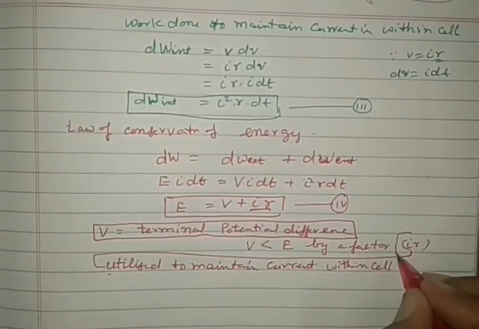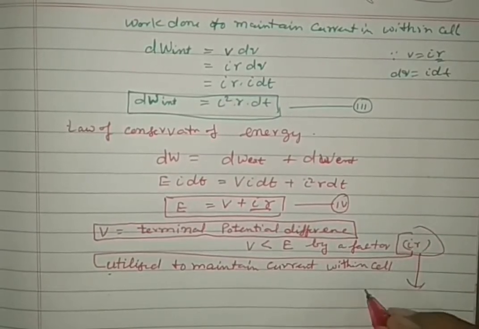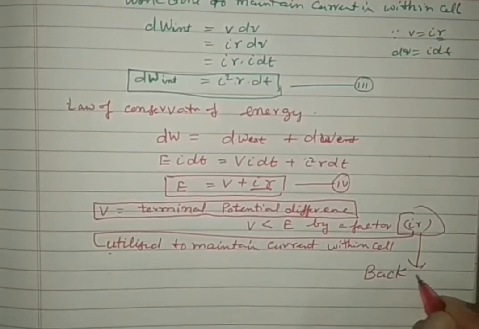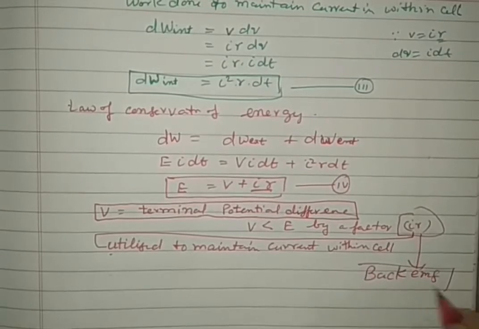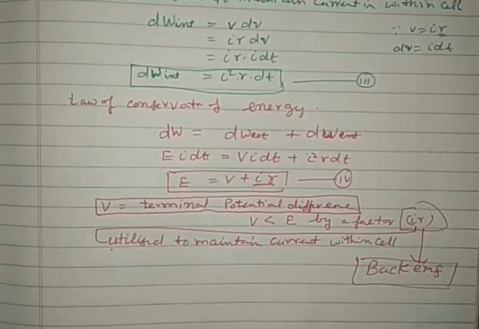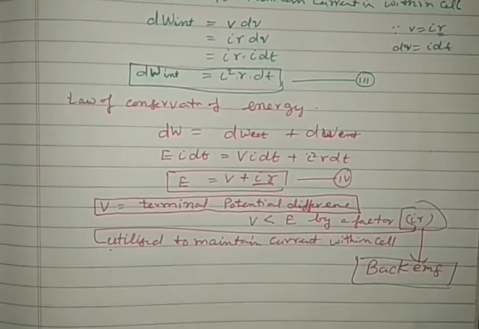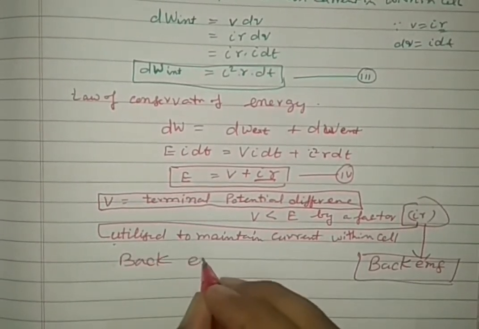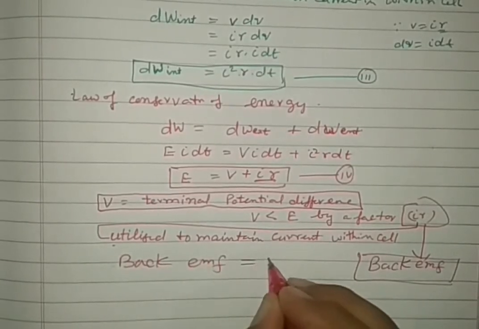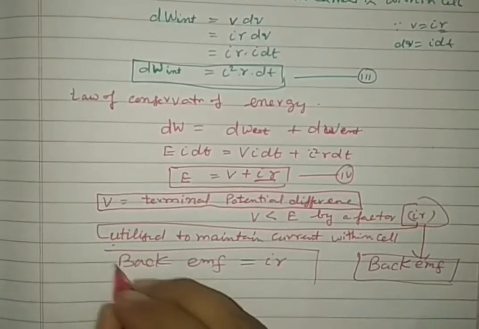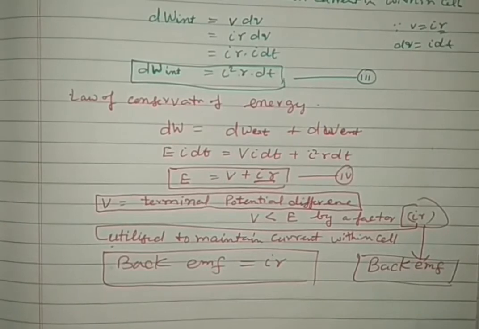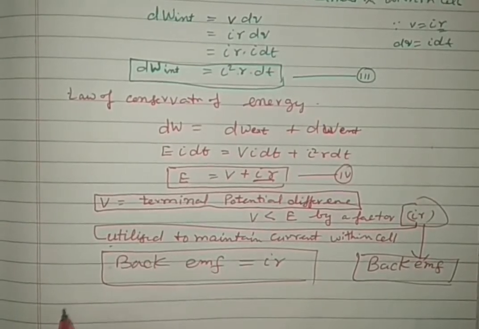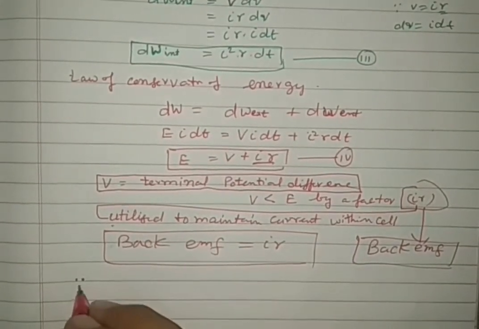That is why this factor is called back EMF. See very carefully, in the beginning of the topic I told you what a back EMF is. That is why back EMF is called I into r, right?